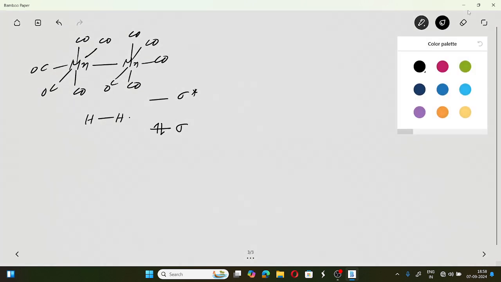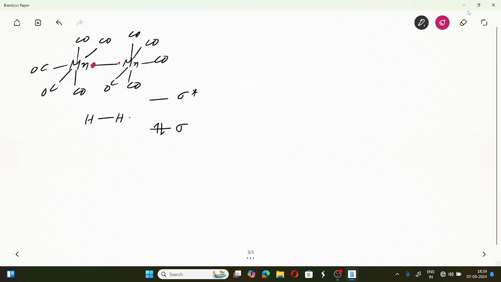What actually happens is, since the Mn-Mn bond is weak, it is readily cleaved in the presence of molecular hydrogen, and these two electrons are transferred to the σ* orbital.